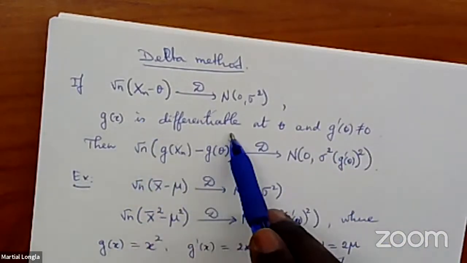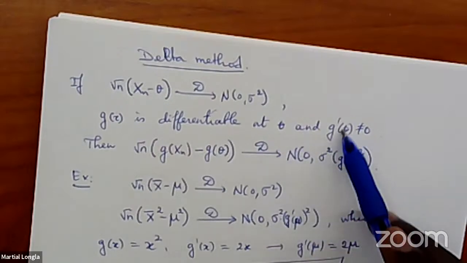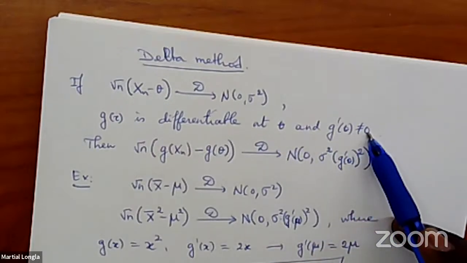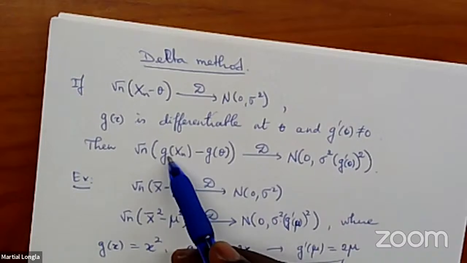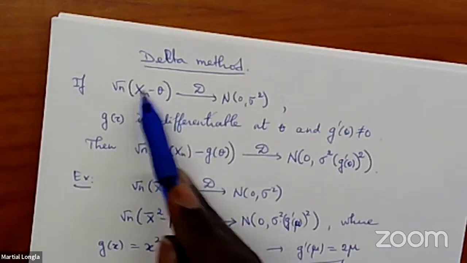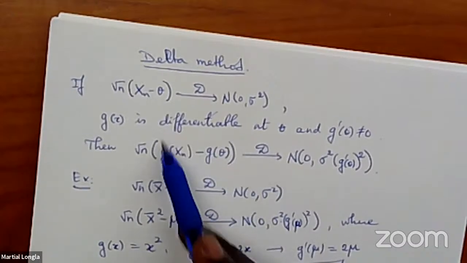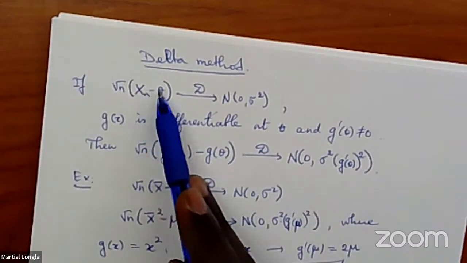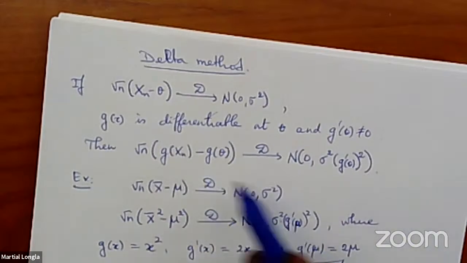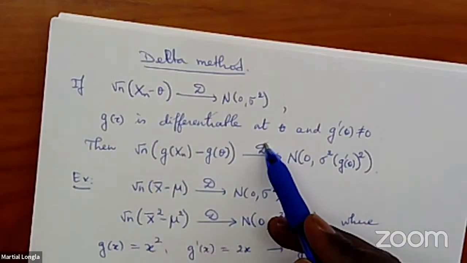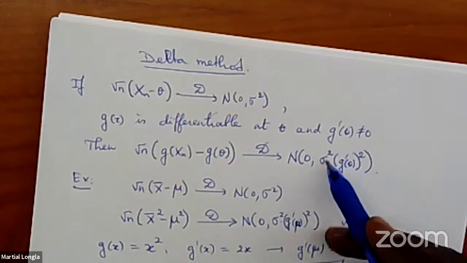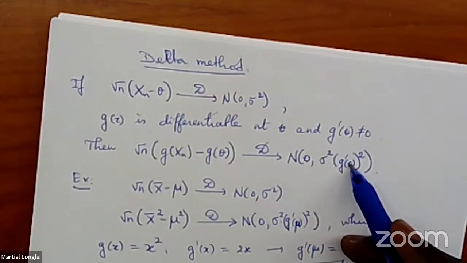If the function g is differentiable at theta and g prime of theta is not 0, then if I apply the function g to Xn and to theta, that will also converge in distribution to normal with mean 0, and the variance will be sigma squared times g prime of theta squared.